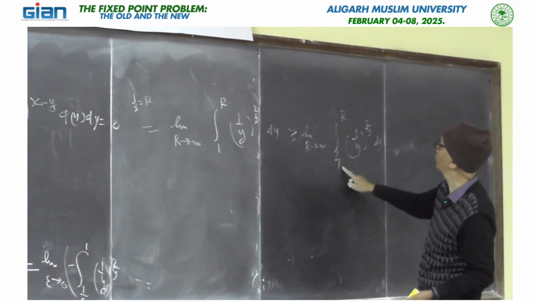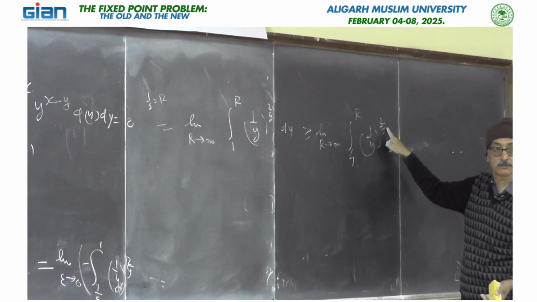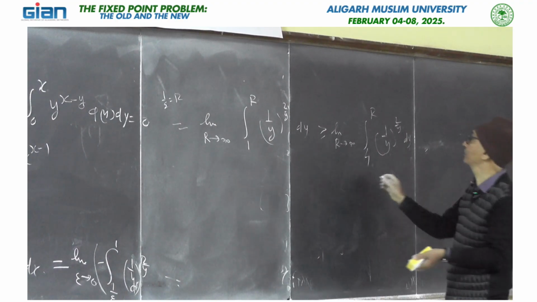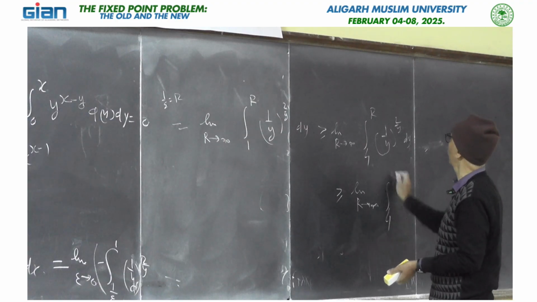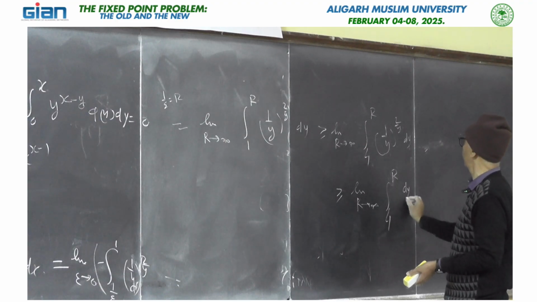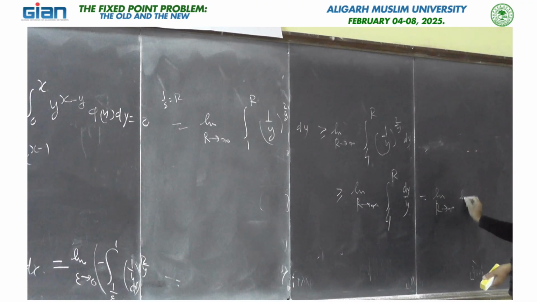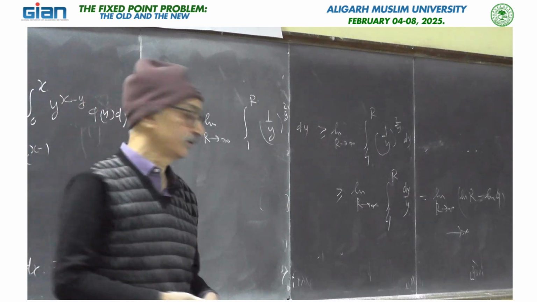For y greater than 4, 2 over y will be less than 1, so a smaller power will be larger, and so this is greater than or equal to the limit as r tends to infinity of the integral from 4 to r of dy over y. So that is the limit as r tends to infinity of ln r minus ln 4, and that goes to infinity. So it is not an L2 function, so we are safe there.